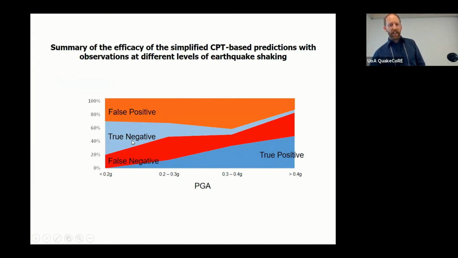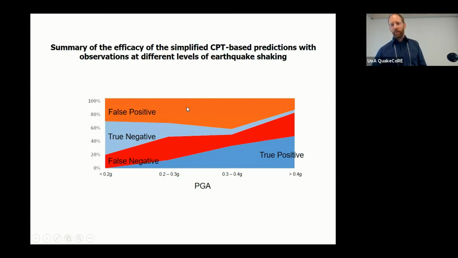At lower levels of shaking, we're getting a lot more true negatives, so not predicting liquefaction, and indeed it's not occurring. And so we see that our true negative sites slowly become true positive sites as the shaking intensity increases, as we would expect.